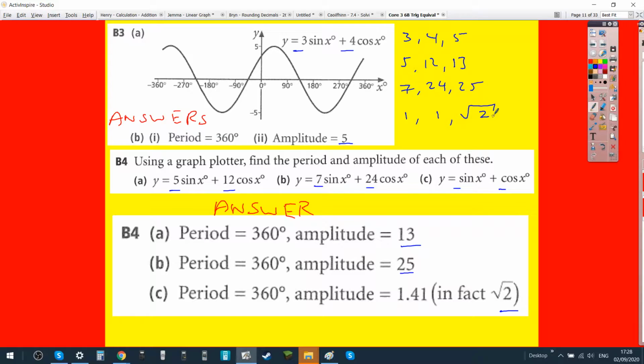Is there any connection between those first two numbers in the question and the third number in the answer?